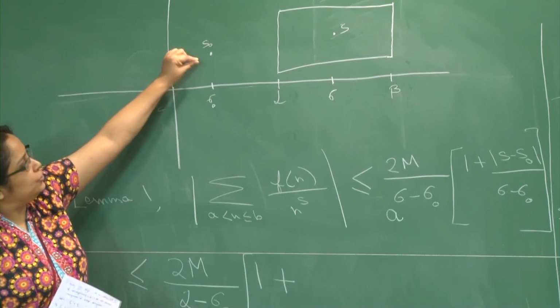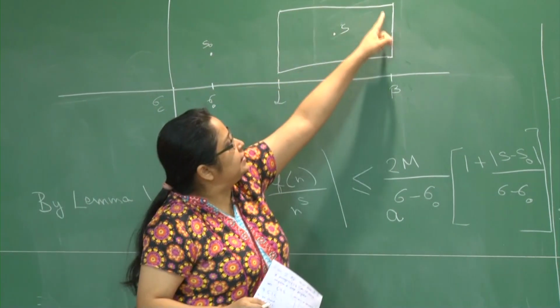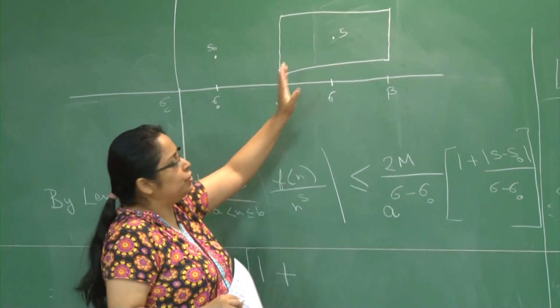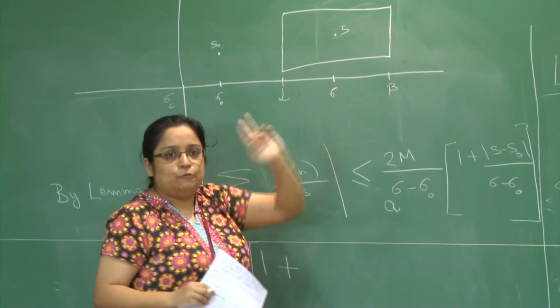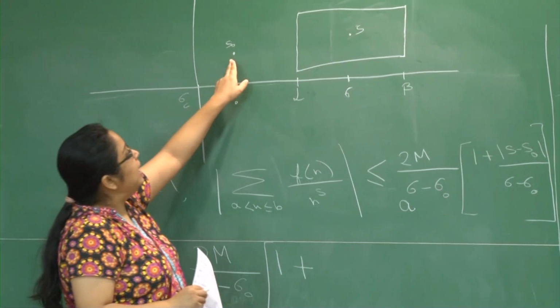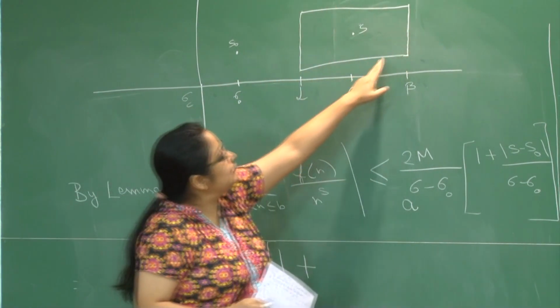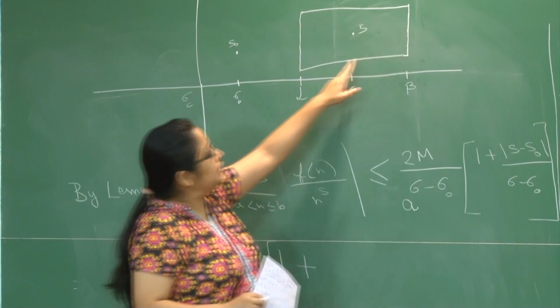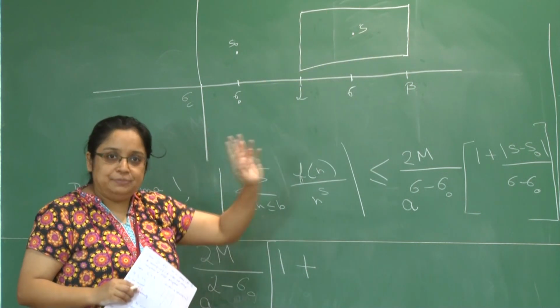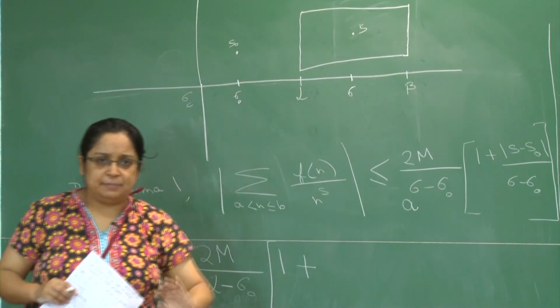S0 is some fixed complex number, and your S runs inside a compact rectangle. What that means is there is an absolute bound for S minus S0 for all S running in this compact rectangle. So absolute of S minus S0 is certainly bounded above by some absolute quantity.